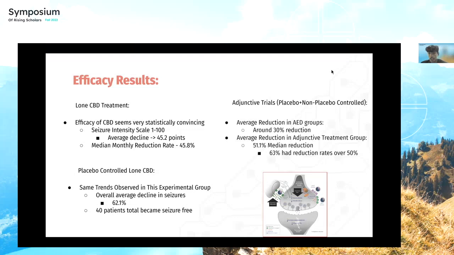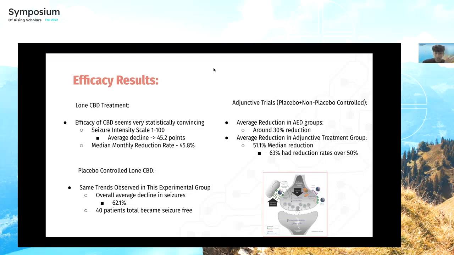Now these are the adjunctive trials, combining the placebo group and the non-placebo group, so 6 trials. Because it's an adjunctive trial, we can assess the difference between the efficacy of AED groups and the efficacy of CBD groups, and compare them together, because one group was just using AEDs while another one was using AEDs and CBD.